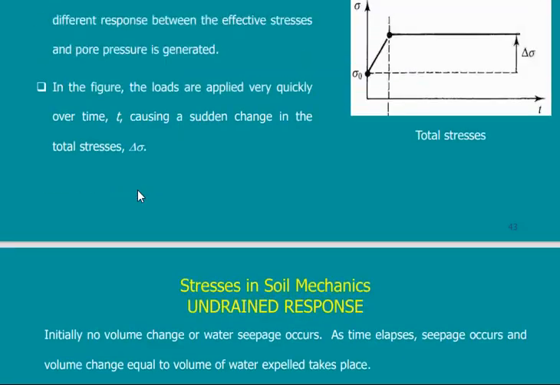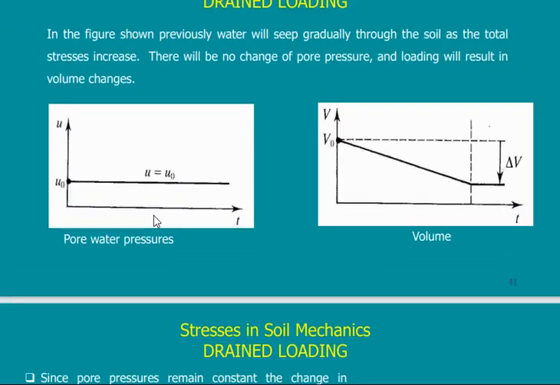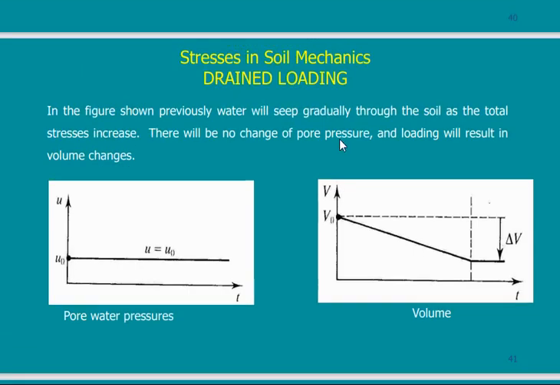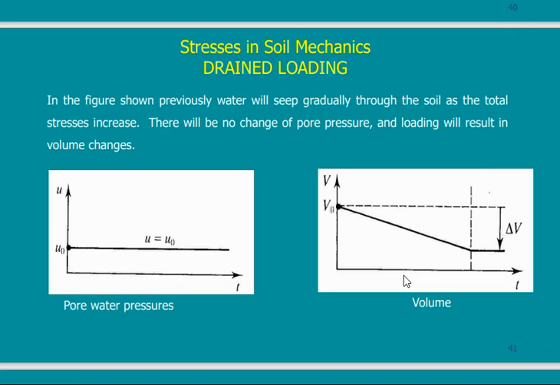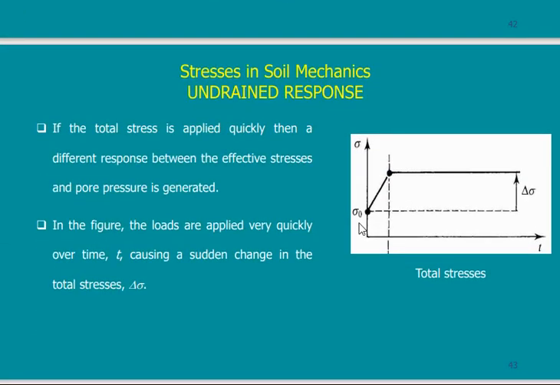Let's compare the volume. As we said, the volume here was opposite to the stress. The stress increases, the volume decreases. But here, the stress increases like this and stays constant.